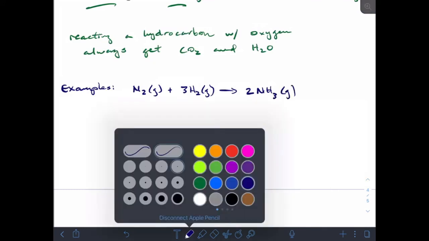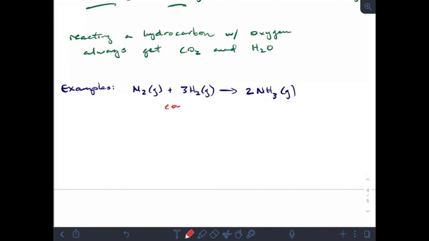This is a good example of a combination reaction. We get 2 or more things coming together to make a new product.